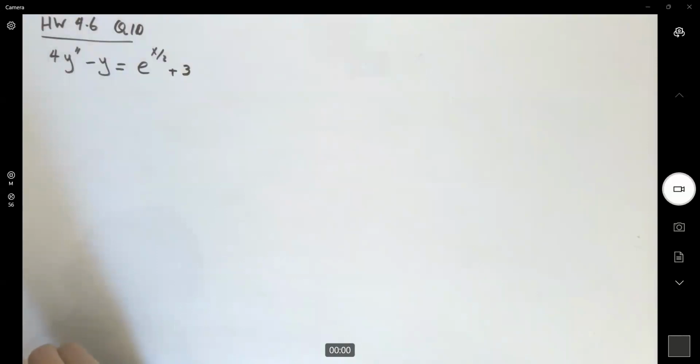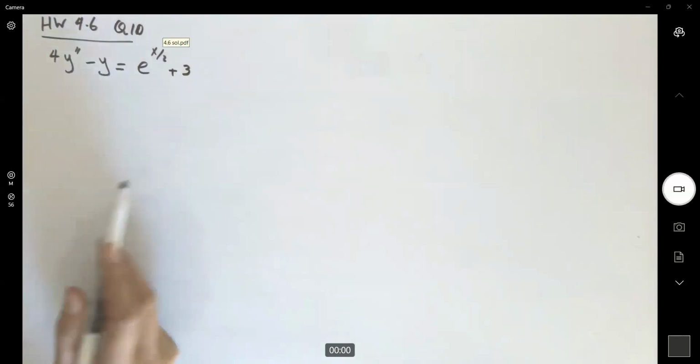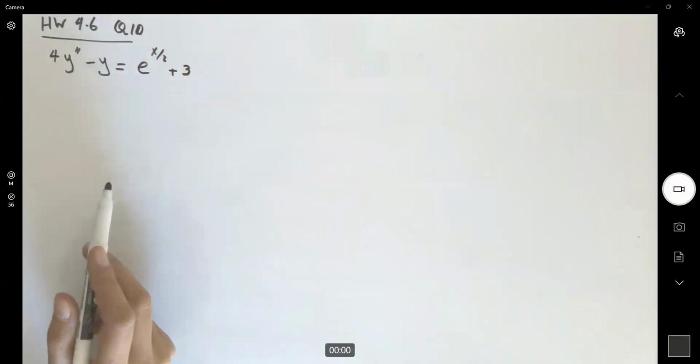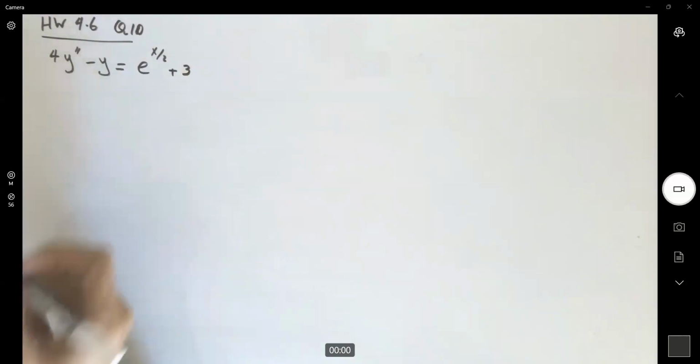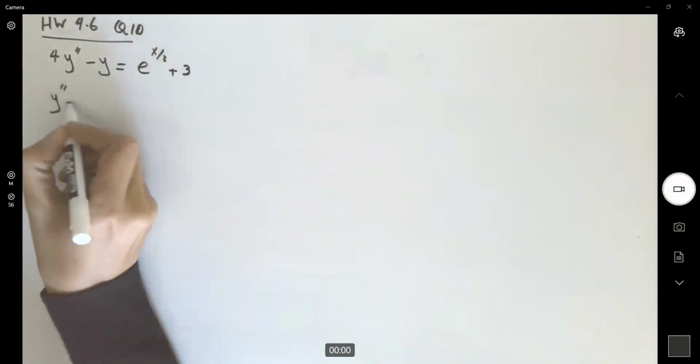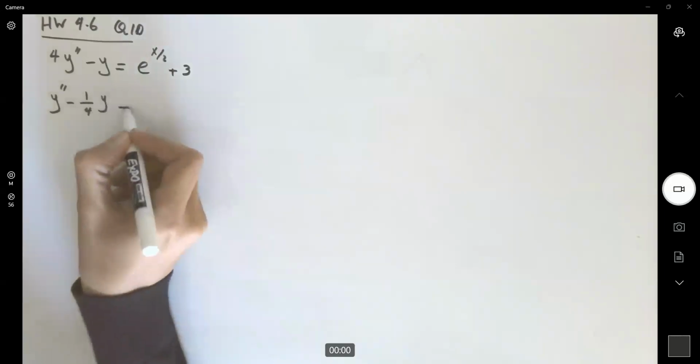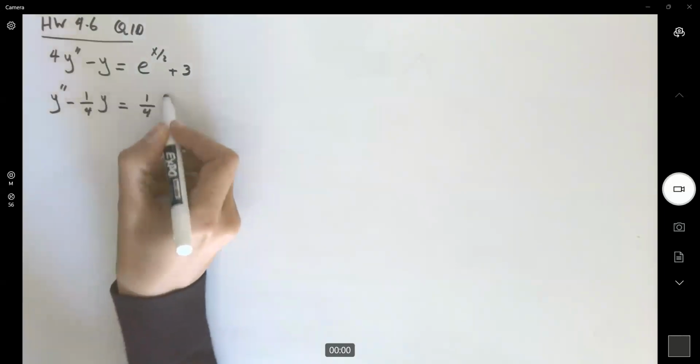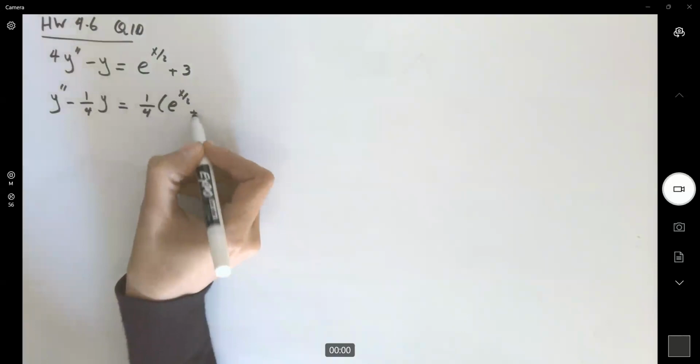To solve this differential equation, first we need to form the auxiliary equation, or you can just write this in standard form at the beginning. It doesn't matter. In standard form you're going to see the second derivative of y minus a fourth y equals a fourth e to the power x over 2 plus 3.